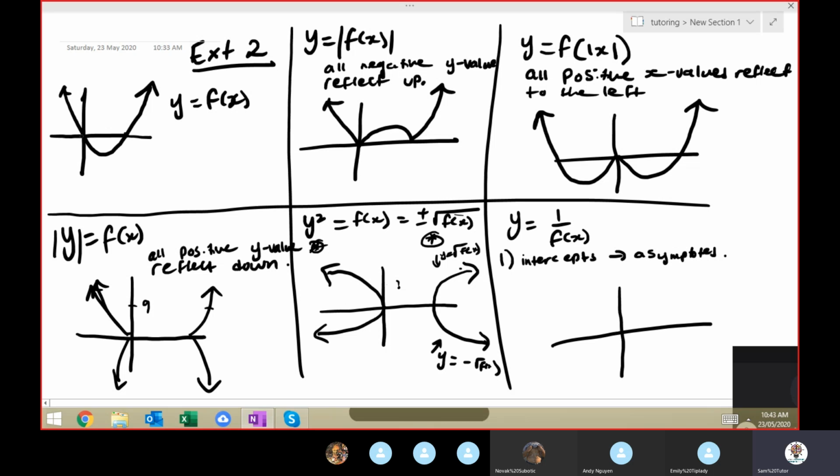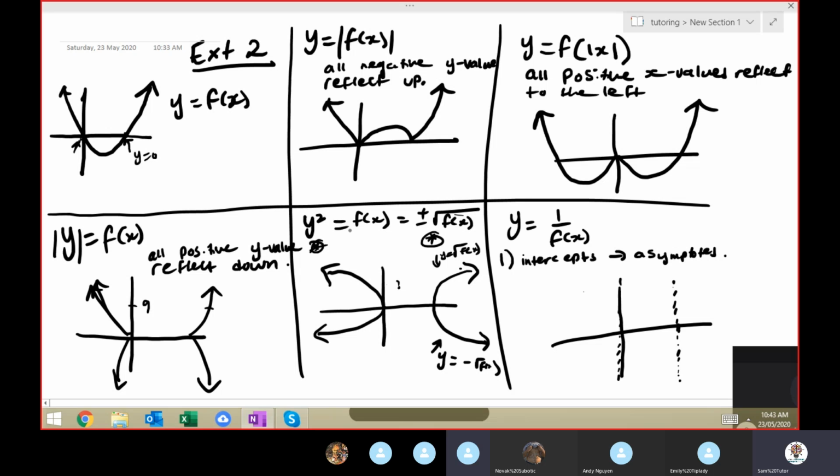Why does that happen? Think about it. What's the y value here and here? What's the y value? Y equals 0. Right? And if you're going to do 1 over 0, it's going to become undefined. So 1 over any function, wherever the intercepts are, right there and there, you've got asymptotes.